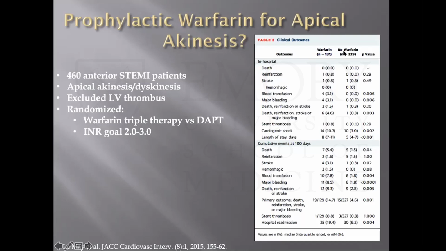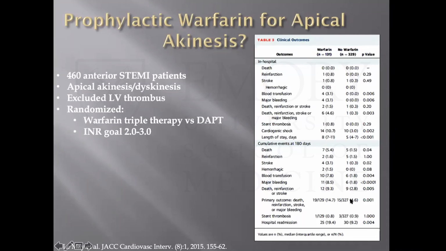But overall, if you look at the no warfarin group, the incidence of some of these complications, there's no difference in stroke. As you can see, there's a higher incidence of bleeding in the warfarin group. But as far as hard outcomes, the patients in the no warfarin group actually did better.